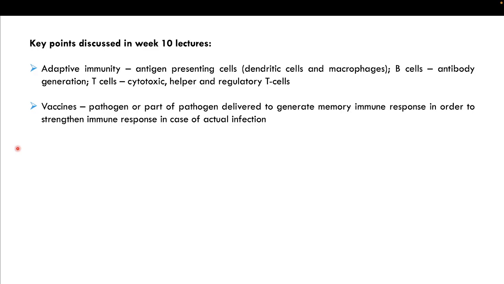Later on, when you get the actual infection, your body remembers that it has already encountered this particular antigen and knows how to fight against it. So it launches a very strong immune response against that pathogen, killing it. This is why vaccines are very effective in preventing severe infection from a particular pathogen. That's the whole point of vaccines.